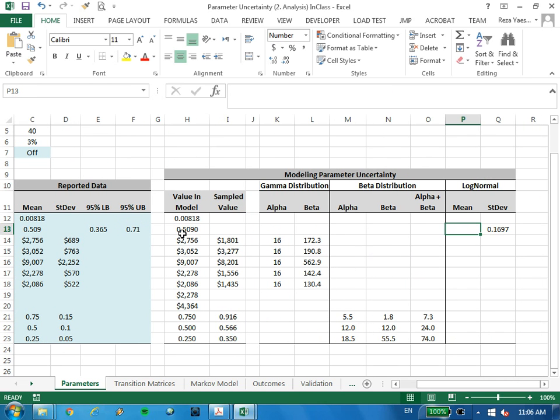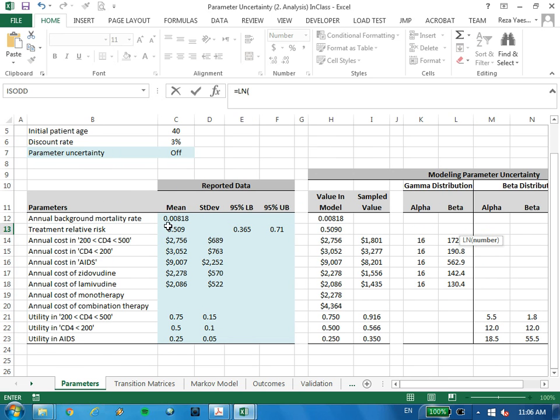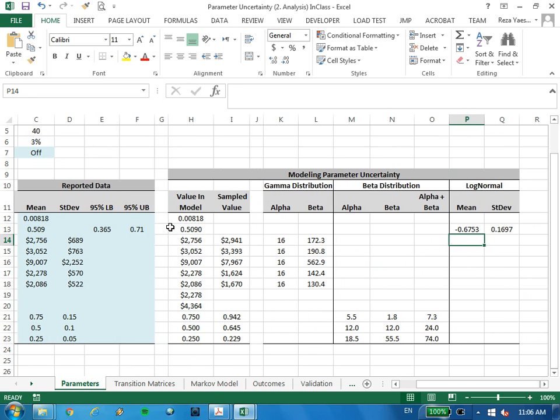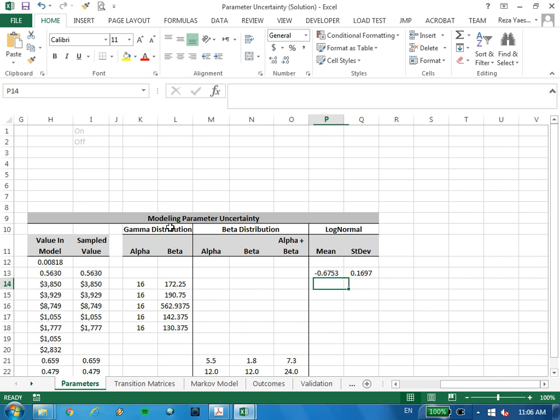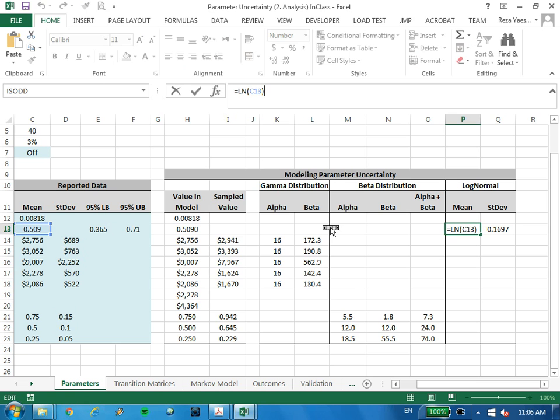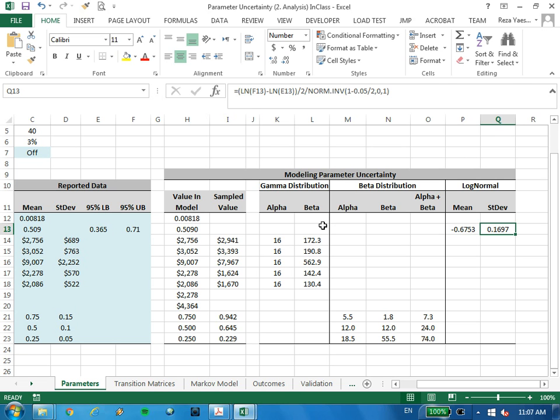So that gives me the standard deviation, and the mean is simply the ln of the mean. And this one? Okay.